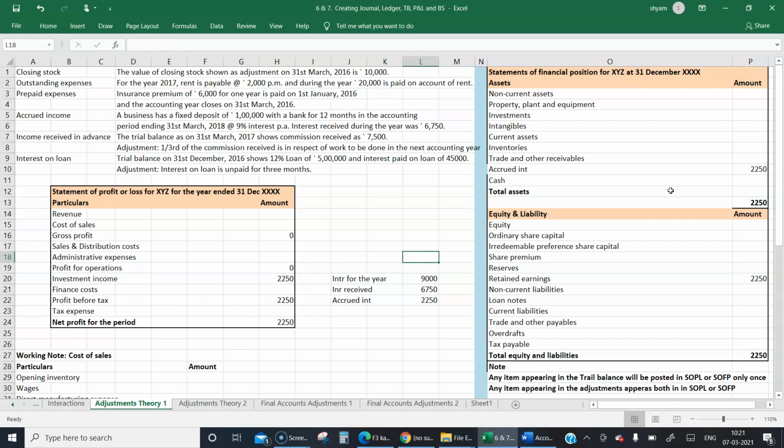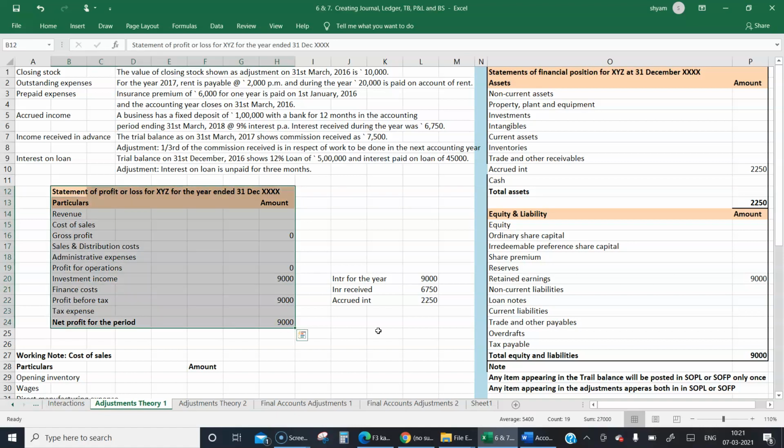So you could see here it is getting tallied. But is this the right approach? No. See, the total income earned for the year is 9,000. So this 9,000 has to be put here. We can't put only 2,250. We have to put the total income that is earned during this year. In the SOPL, whatever amount is earned or paid during the year has to be shown. So necessarily your balance sheet will now not tally.